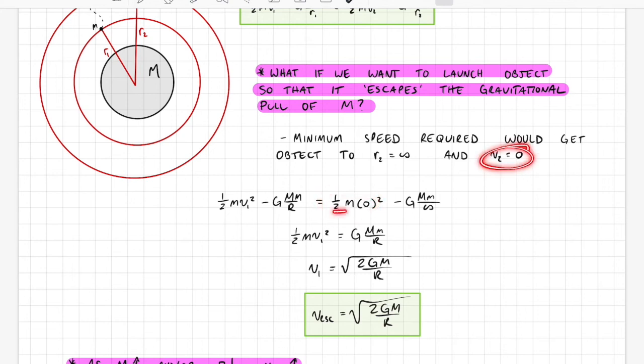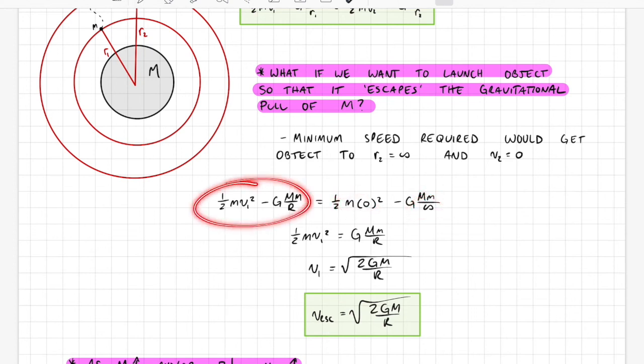Well, v2 is 0, so 1/2 m0 squared. And then R2, that's where we're at that state, is we're infinitely far away, so I've plugged in infinity there, or 1 over a very large number. And so these two things are both 0.